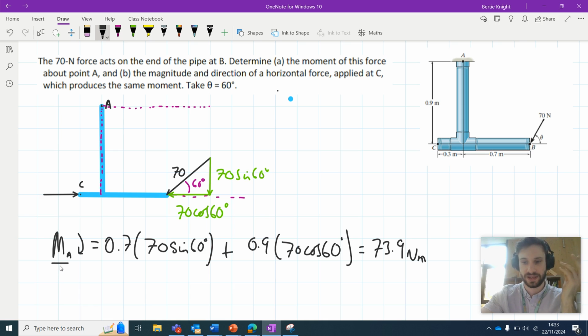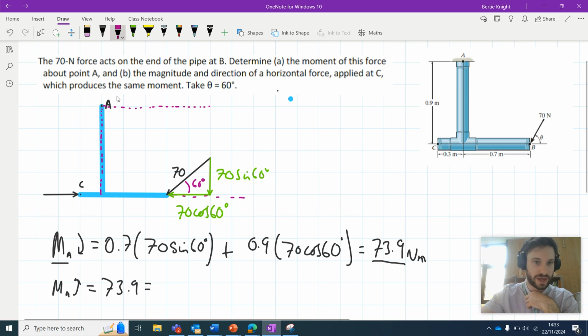What we want is an anti-clockwise moment that is equal to the clockwise moment, which we know is 73.9. So M_A counterclockwise is equal to 73.9, which is equal to a perpendicular distance from A of 0.9, so 0.9 times F subscript C, where F subscript C is the magnitude of this force at point C.